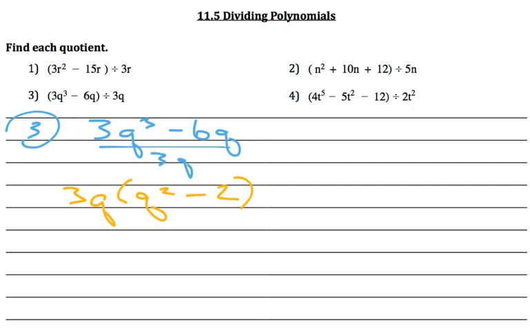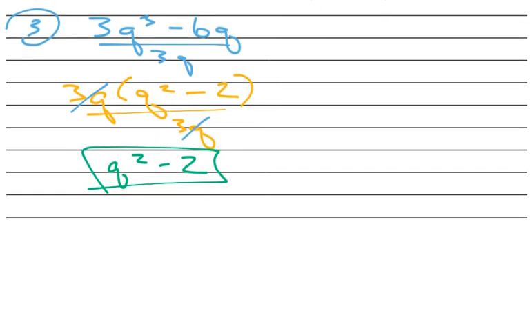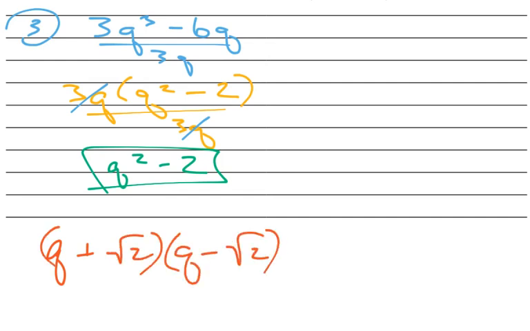So I just factored out 3q from both of those terms. All of that will be over 3q. These guys go away, and I'm left with q squared minus 2. Some point in your math experience, you might see this factored as q plus square root of 2 times q minus square root of 2. Just an FYI.